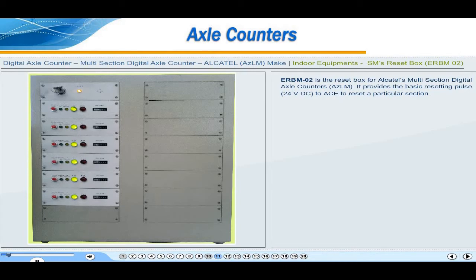It provides the basic resetting pulse, that is 24-volt DC to ACE, to reset a particular section. The AZLM reset pulse should be in the range of 0.5 seconds to 6 seconds.